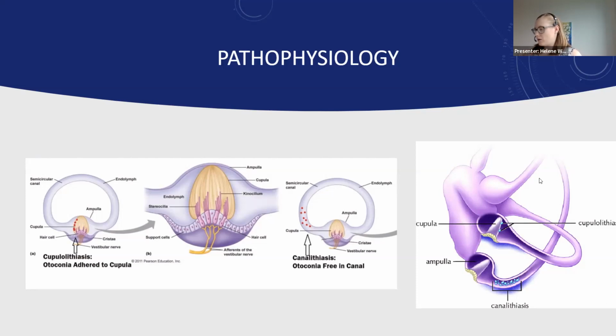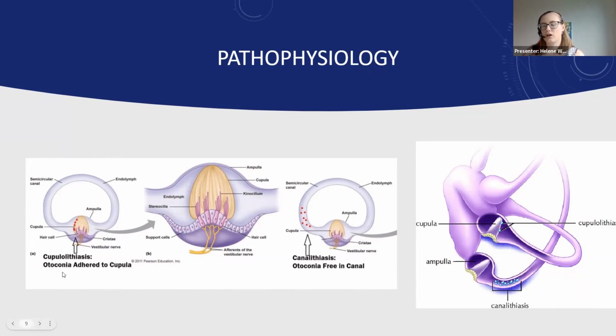Probably the picture on the right-hand side shows it a little bit better. You can see on the left-hand side the otolithic organs, and essentially those otoconia come loose and end up in the canal or attached to the cupula, not where they're supposed to be. So we've got two different types, which you can see in the left-hand picture.